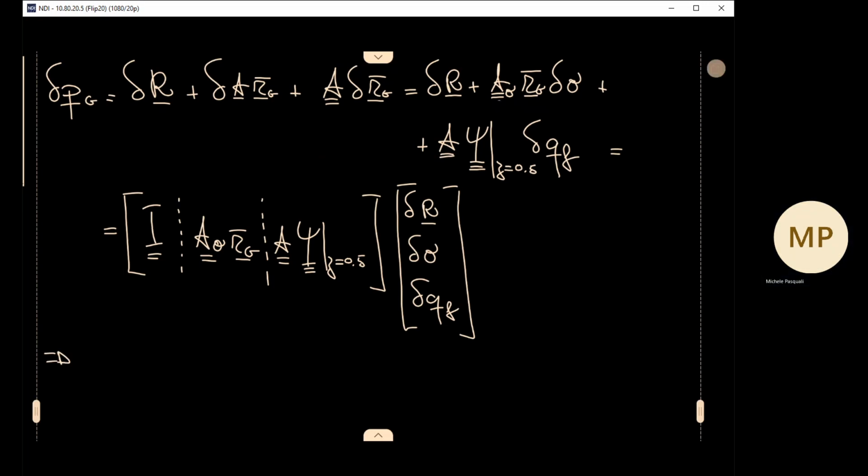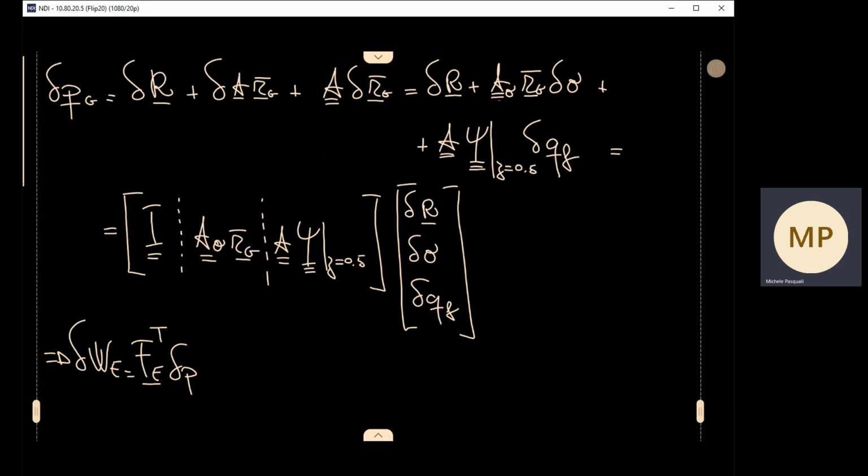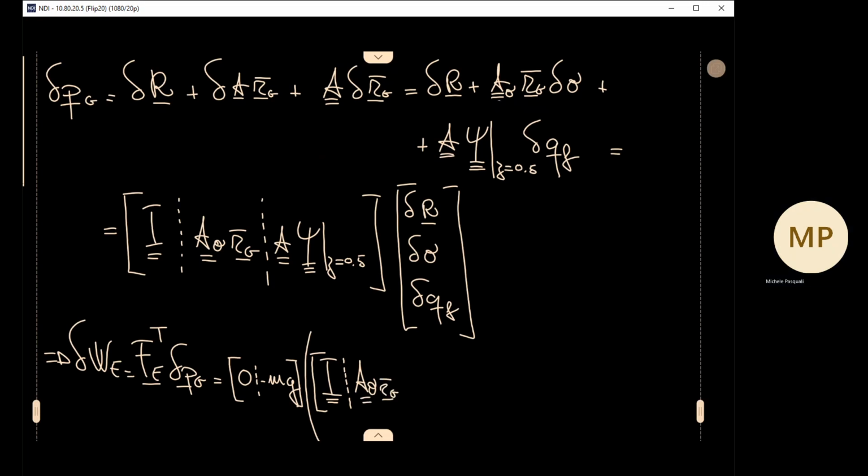So it means that delta WE, which is equal, as we have said, to FE transposed applied over delta PG, is equal to 0, minus mg, applied over I, A theta R0 RG, psi at zeta equal to 0.5.